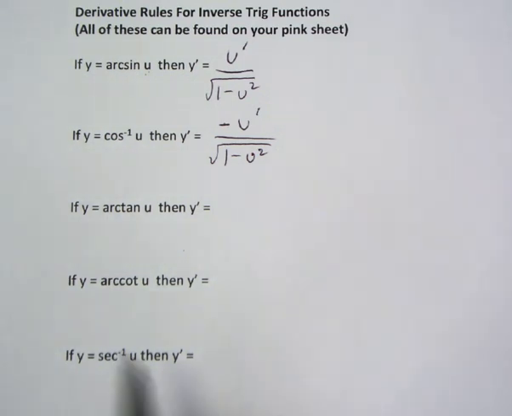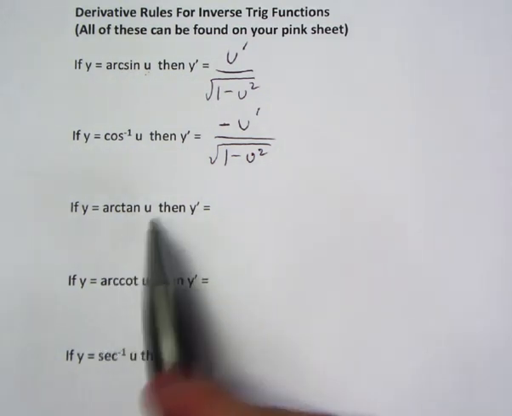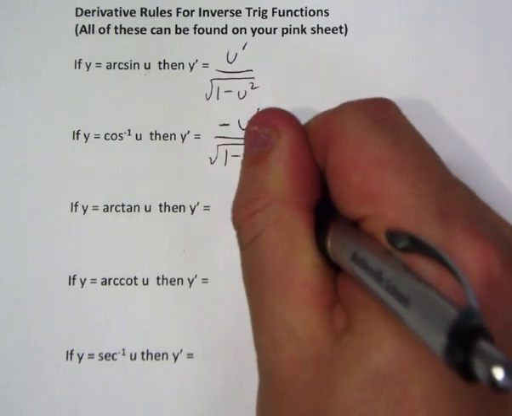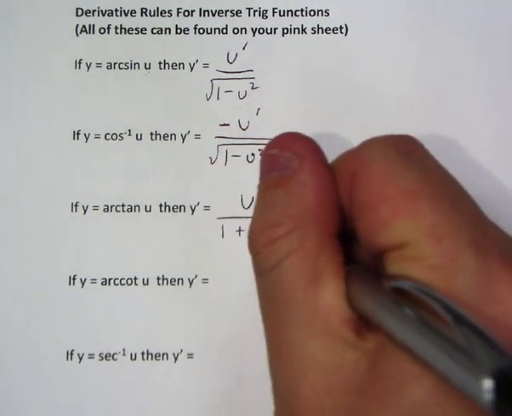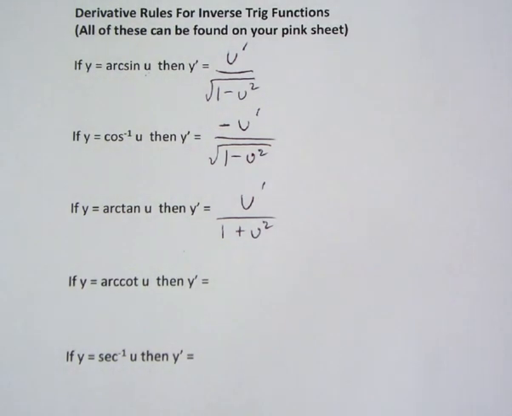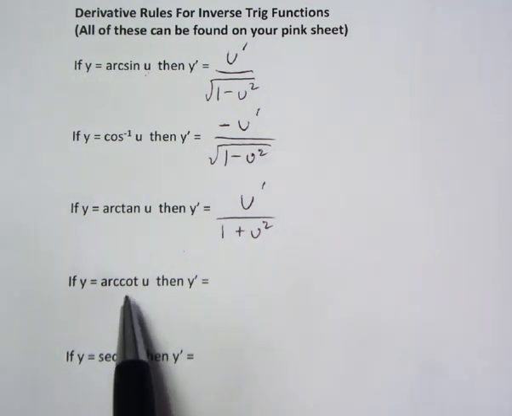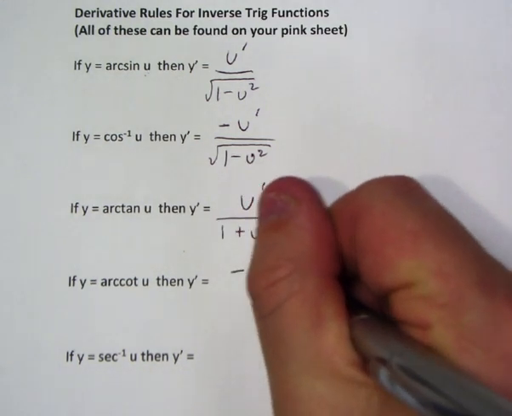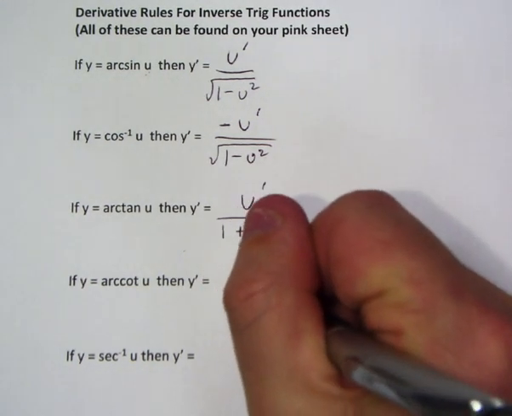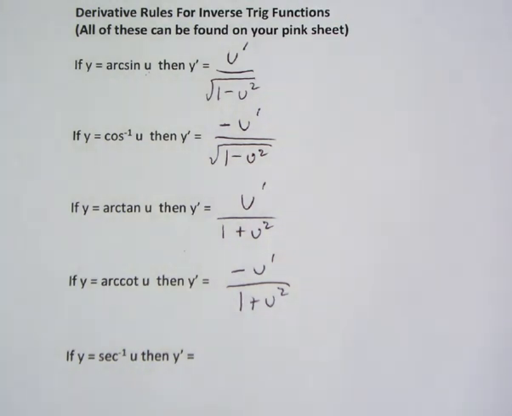The derivative of arctangent of u is going to be u prime over 1 plus u squared. So it takes out the square root, it's positive, it's kind of the nicest looking. The derivative of arc cotangent, so inverse cotangent, is negative u prime over 1 plus u squared. So same rule, arc cotangent is negative.